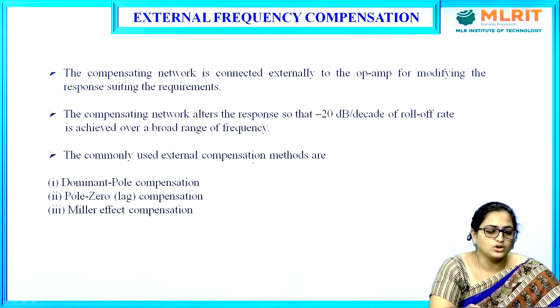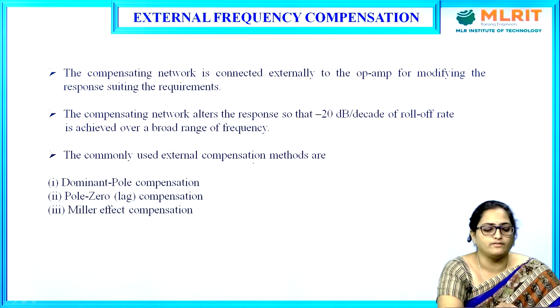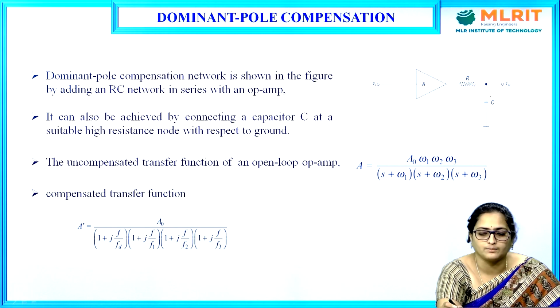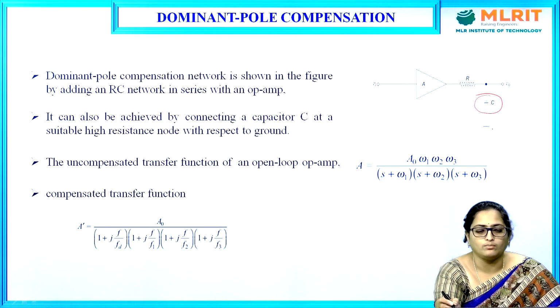Coming to the external compensation network, again you will have 3 different types of compensation networks, which are dominant pole, pole zero and Miller effect. Coming to the dominant pole compensator, you can just add a capacitor on the output side so that it works as a dominant pole compensator.